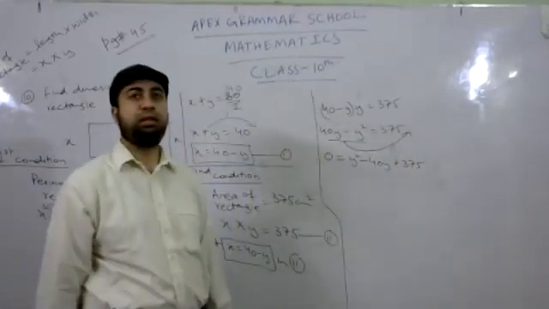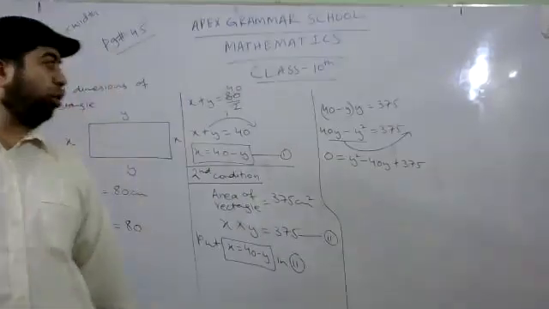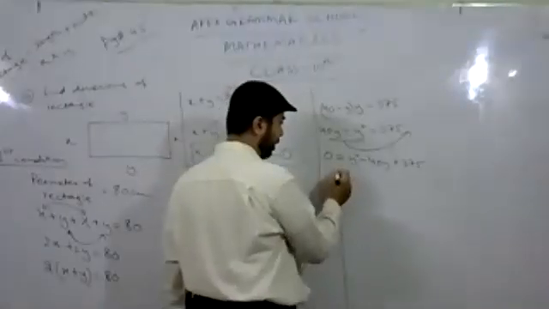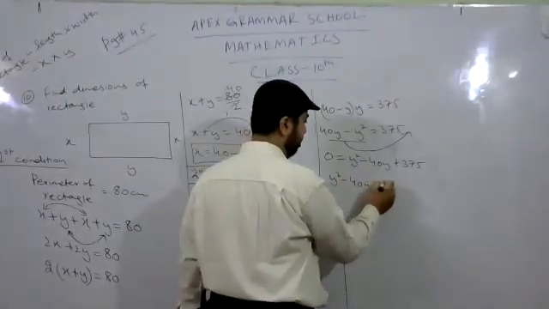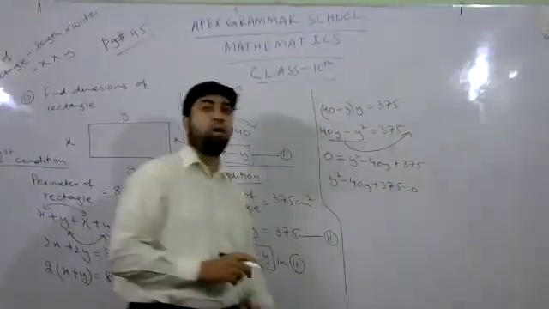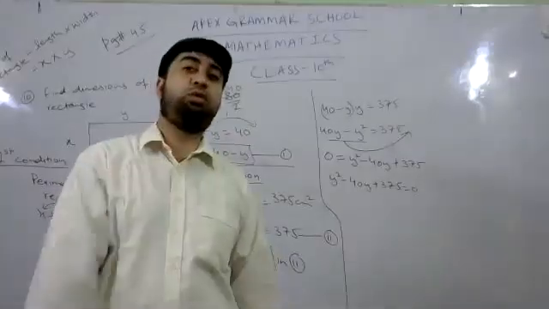Now you can see that this is a quadratic equation. Or you can write it as y square minus 40y plus 375 is equal to 0.